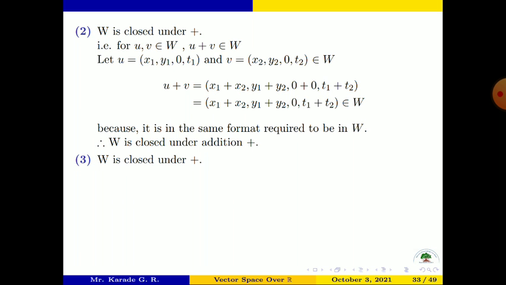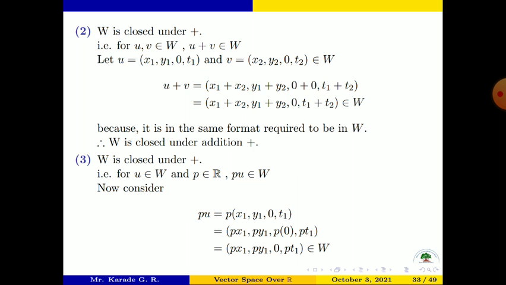Now let us go to the third condition. W is closed under scalar multiplication. That is, for U belonging to W and P belonging to R, P into U also belongs to W. So let us now consider PU.